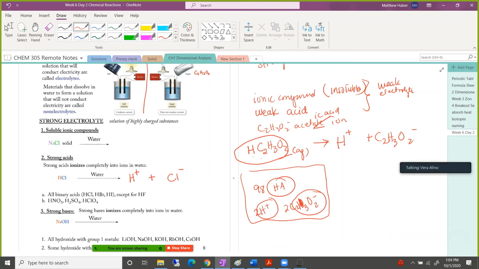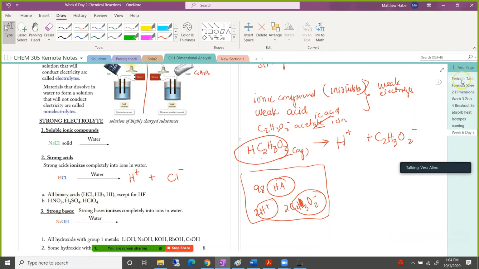You don't have to memorize those, but there are only 7 strong acids in the world. So you can memorize the strong acids and put that in a safe corner or a safe area. Okay, usually it's these guys. Binary acids: HCl, HBr, HI, and these polyatomic acids right here.